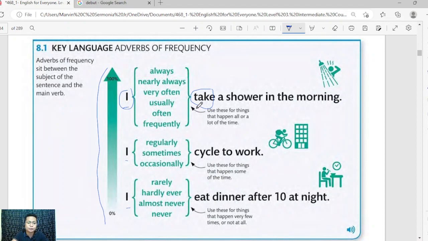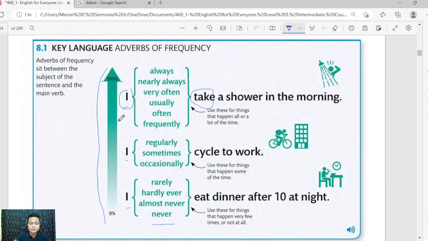When you make use of the word always, you never miss a day without reading a book. So it's always 100%. But when you say never, for example, I never eat dinner at 11 p.m., that means there's no chance or possibility you eat dinner at 11 p.m., because you always eat dinner, for example, at 7 p.m.